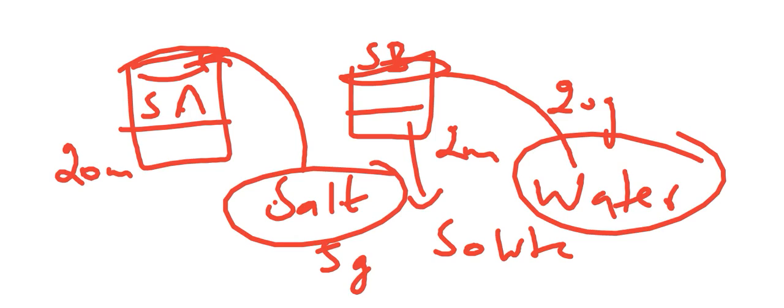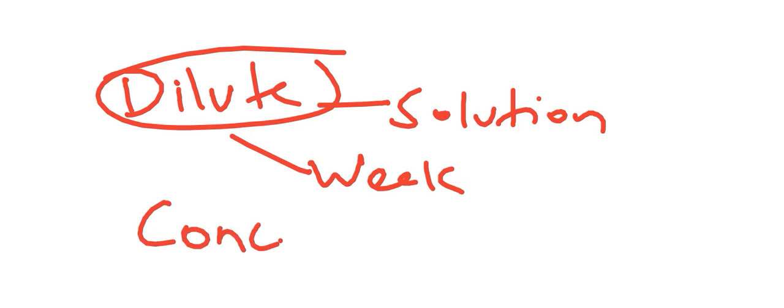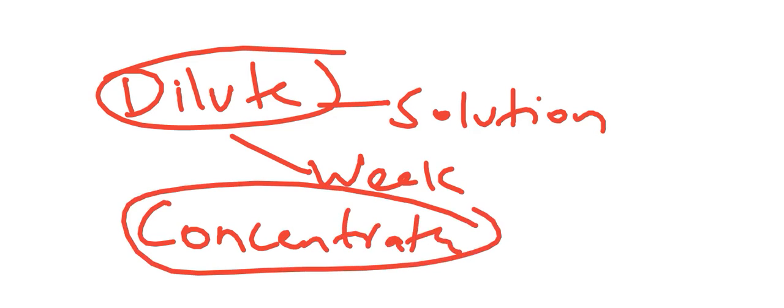If we are comparing two solutions, the solution which has less amount of solute as compared to some other solution is called a dilute solution. It is also another name for weak solution. And if the amount of solute is in a bigger quantity, then we say that the solution is concentrated. So these are the two terms that we need to remember.